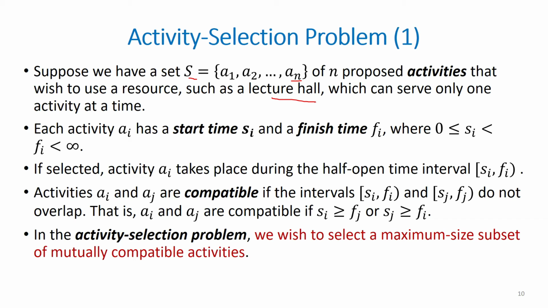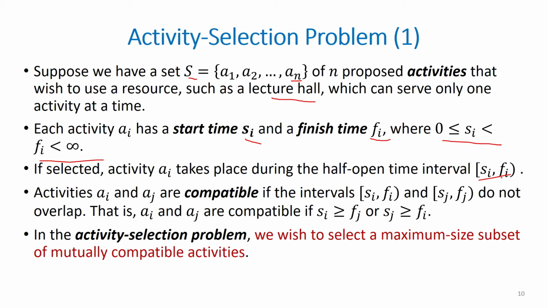To define it more formally, let each activity i have a starting time s_i and a finishing time f_i bounded as such. So every activity i is active in the interval s_i to f_i, not including f_i.